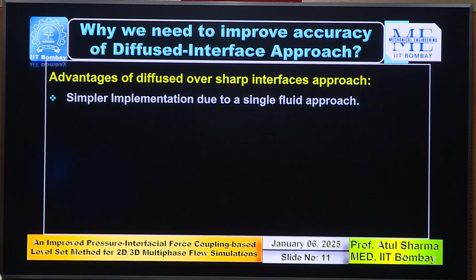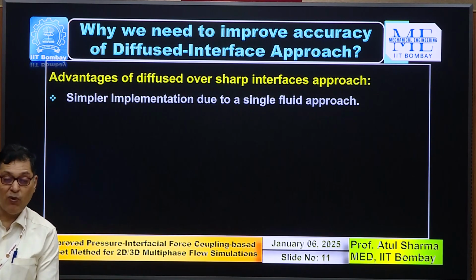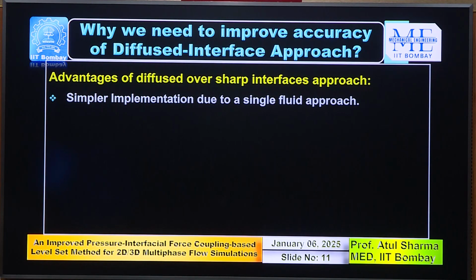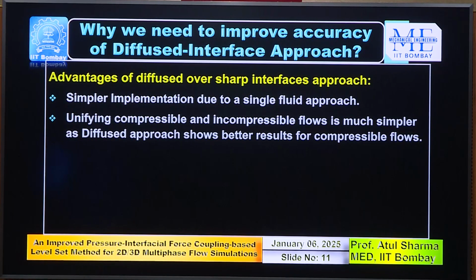Now, whenever you want to develop a computer program, you need certain ease in implementation. So one of the advantages of this diffuse interface method is that it's much simpler to implement because it follows a single fluid approach. And moreover, nowadays we work on problems which involve multiphysics.